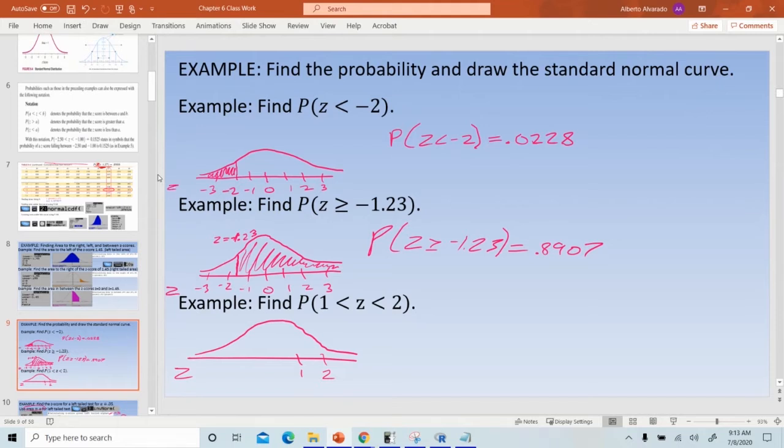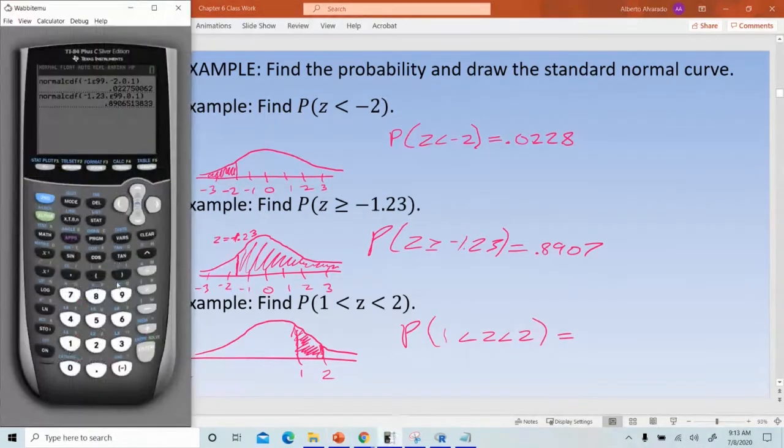So I want this area from 1 to 2, and in order to find that area, I still do normal CDF. Now, in the calculator, it's pretty straightforward. Normal CDF from 1 to 2, right?